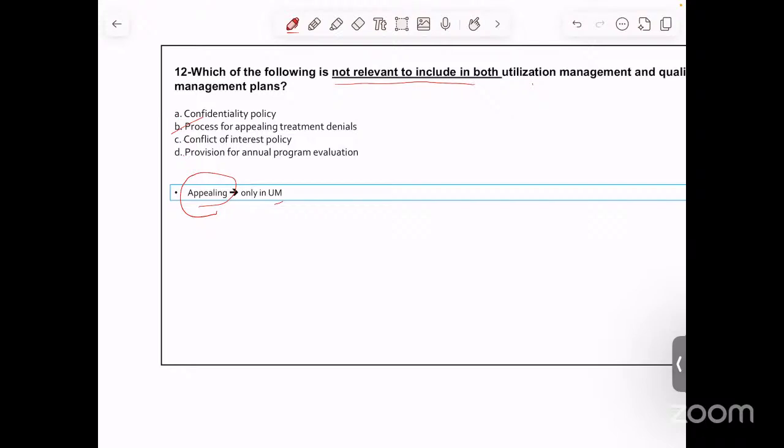So letter B is the answer here, which is not relevant, which is the process for appealing treatment denials, which prioritizes the patient outcomes and service quality rather than administrative process.